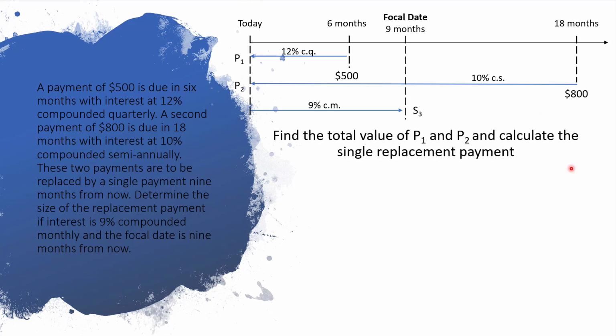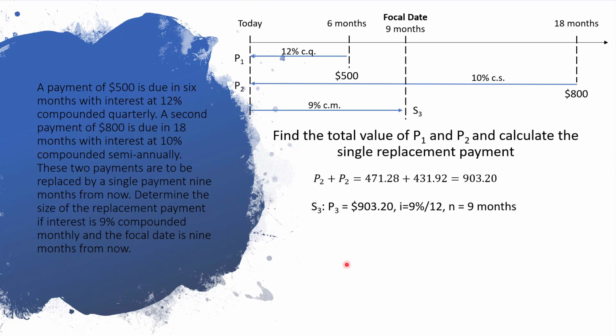Finally, I add P1 and P2 together. So I add P1 and P2. $903.20 is the value today that would replace both payments, 500 and 800. However, the focal date is 9 months from now.